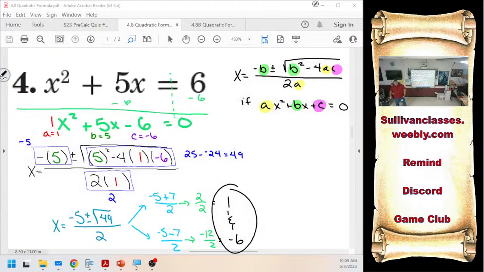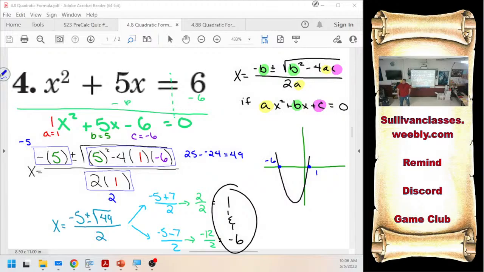That means this parabola, remember, quadratics make parabola graphs, every one of the ones that we graphed were nice, perfectly symmetrical on the y-axis. Well, this one is going to get shifted over like this, where it's going to hit the x-axis at 1 and at negative 6.